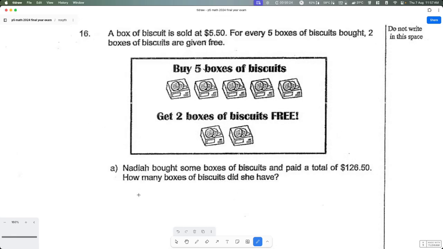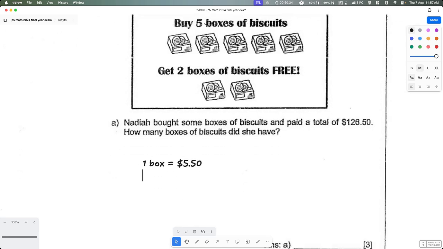So in this case, we know that one box is equal to $5.50.